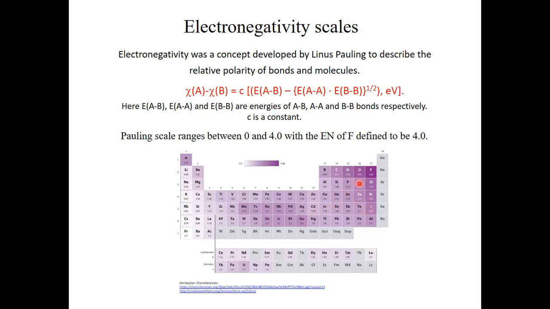That actually has the consequence that gold in some circumstances behaves more like a non-metal than like a metal, in particular when combined with an element that has a very low electronegativity, because then you have a very large electronegativity difference.